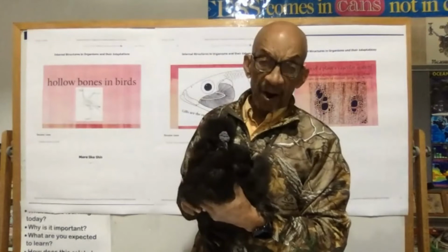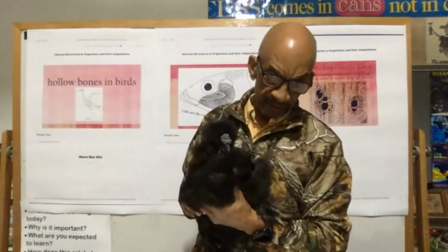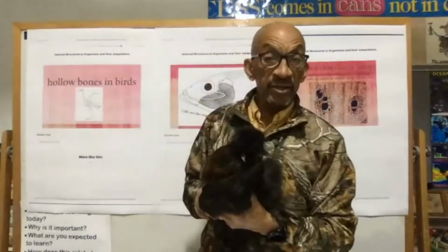Now, this is considered to not be a bird that would fly, but birds have hollow bones, and that is a very special structure that allows them to fly if necessary, or to move around and not use as much energy because they are lightweight.